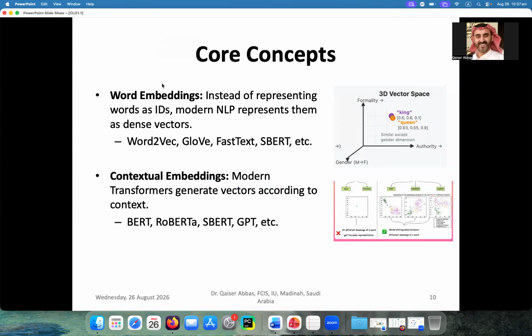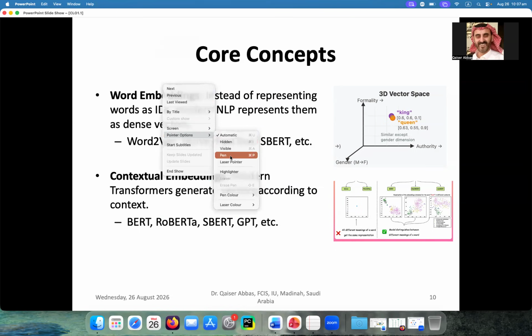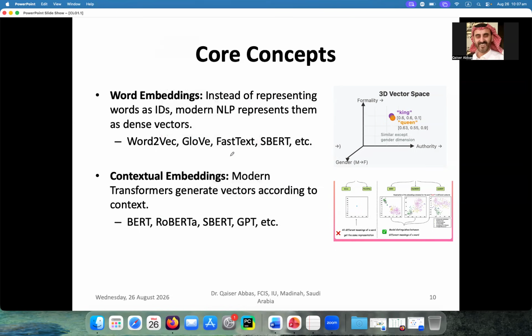Now, word embedding. The thing that we were saying previously, that we have to vectorize our text. The word embedding is a similar thing. Word embedding means you have to convert your sentence or words in a sentence into the form of embedding vectors.